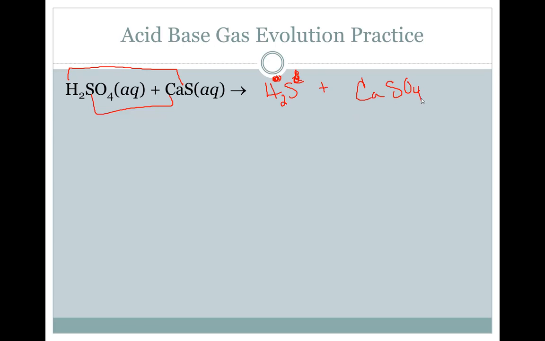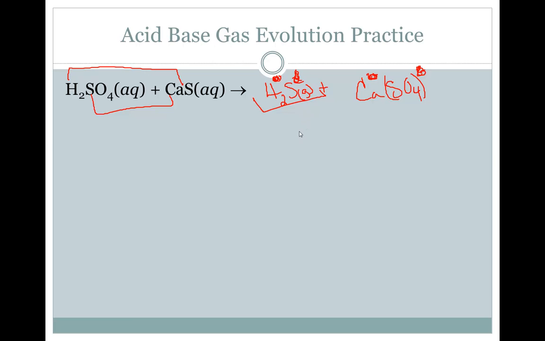Ca is a 2 plus, SO4 is a 2 minus, they cancel each other out. Next thing is to balance. This is actually already balanced, so that makes our lives easier. Then the next thing we want to do is make sure that H2S is not one of the products, which actually it is, which means this is going to be our gas.